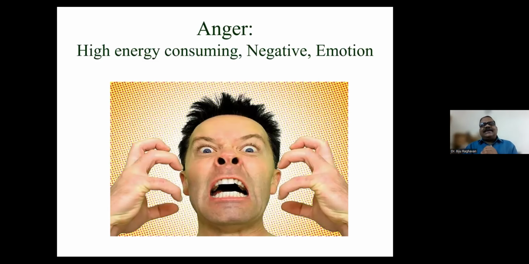So what exactly is anger? We all will agree anger is an emotion. It's a negative emotion. Also, we need to understand that it consumes a lot of energy, and nobody likes to expend energy like that.